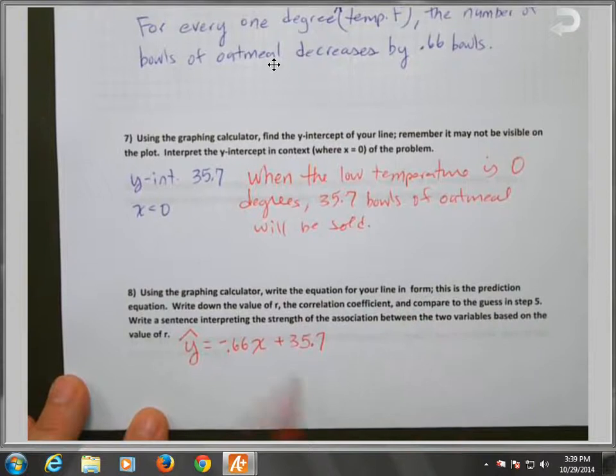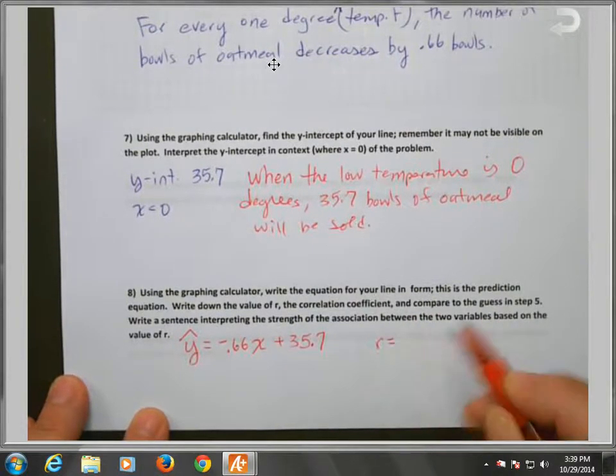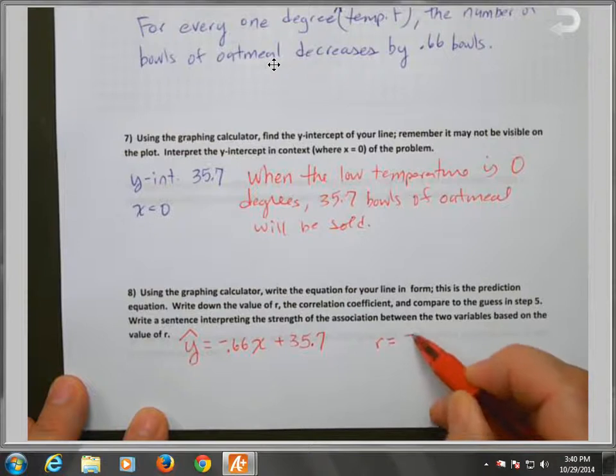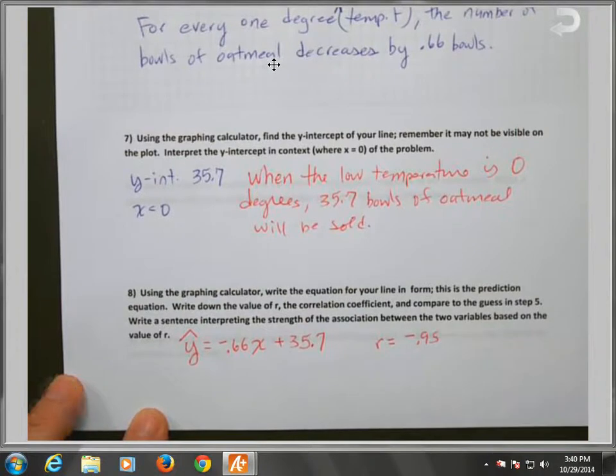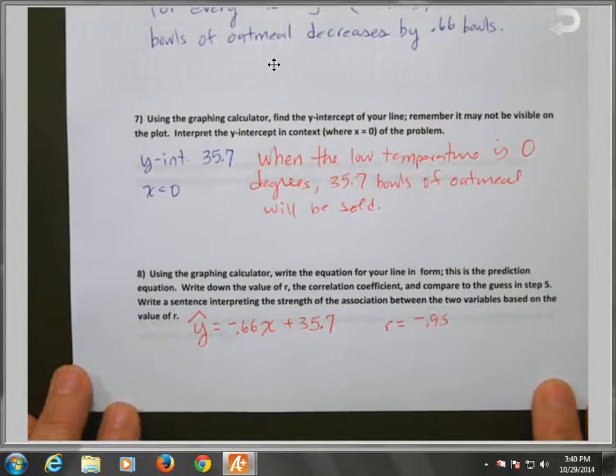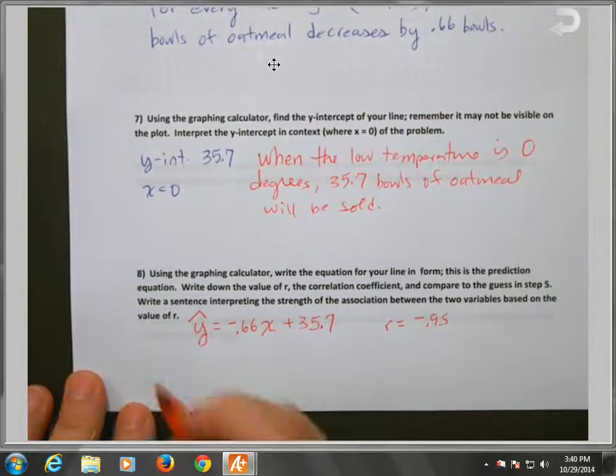The second part of this says that we're going to talk about R. R we determined was negative 0.95, and we've also realized how strong that correlation is. So we're going to write a sentence in context, and then we'll be done.